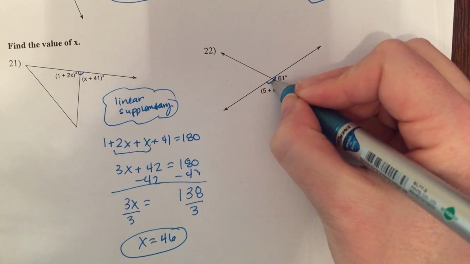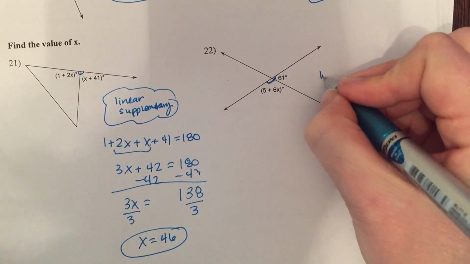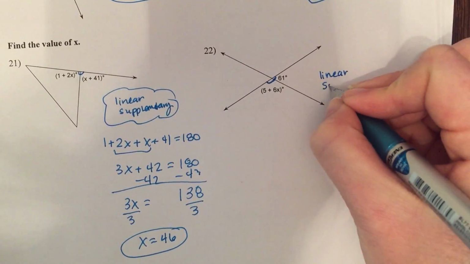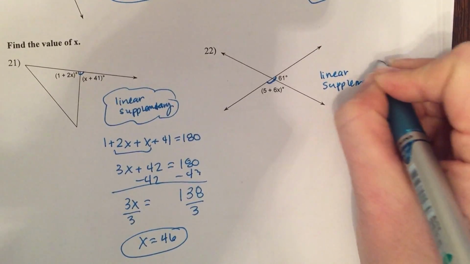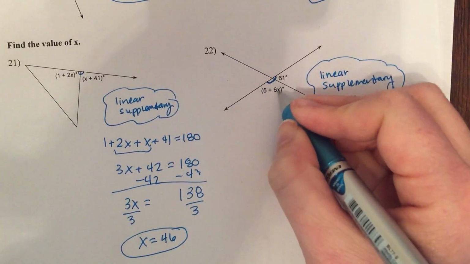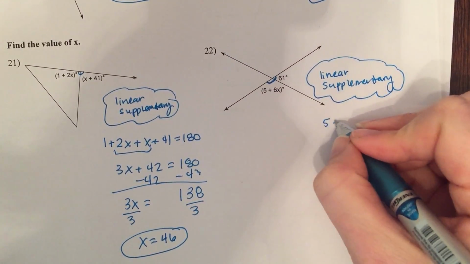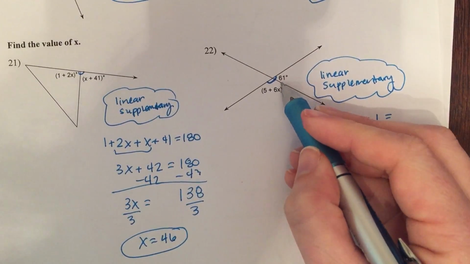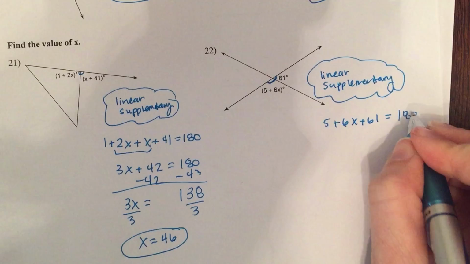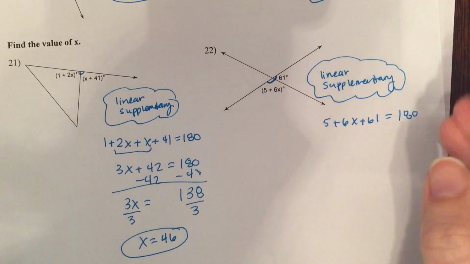These two together make a line, so they are identified as linear or supplementary, which means I would take both of these problems and say 5 plus 6x plus 61 equals 180 degrees because they're linear.